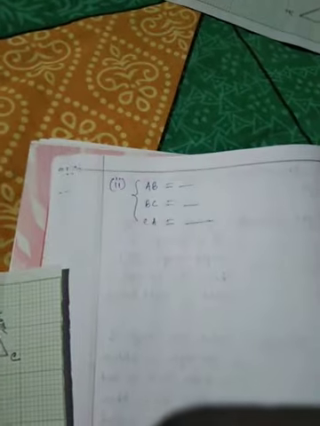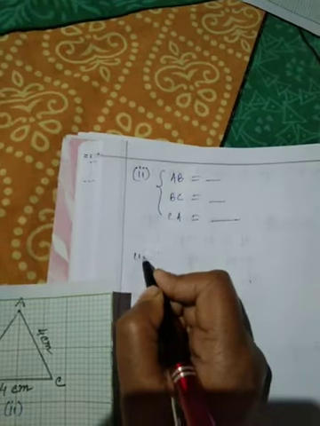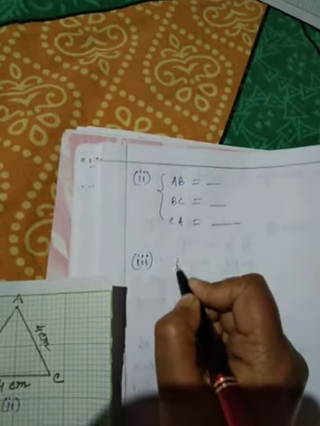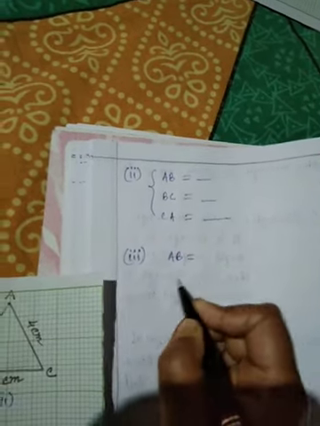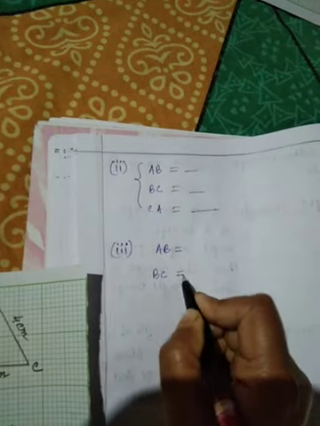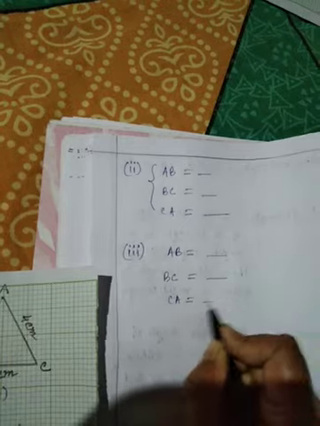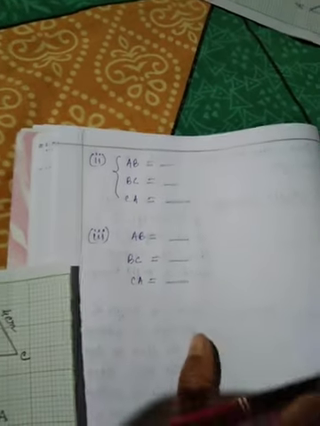That part we will write later. Now again, from the third figure, in the same way you have to write AB equals how much, BC equals how much, and CA equals how much. That part you have to write now.